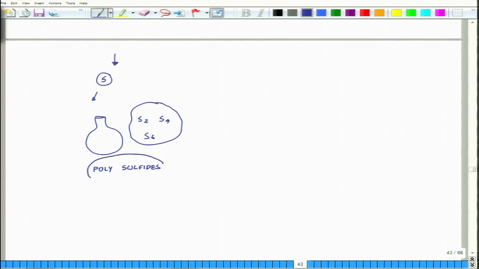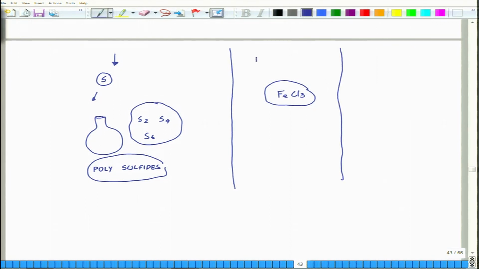Okay. We made a lot of polysulfides in one vessel, and in the other vessel we have iron salt to react, and this reaction happens in an inert environment where we allow polysulfide to react with iron salt.